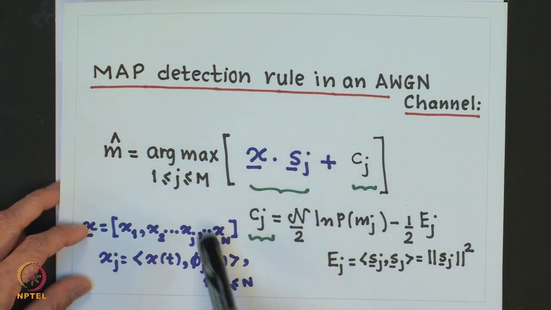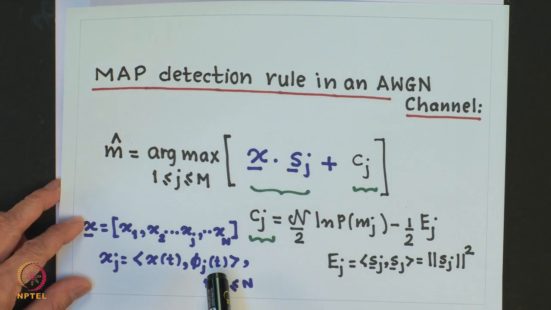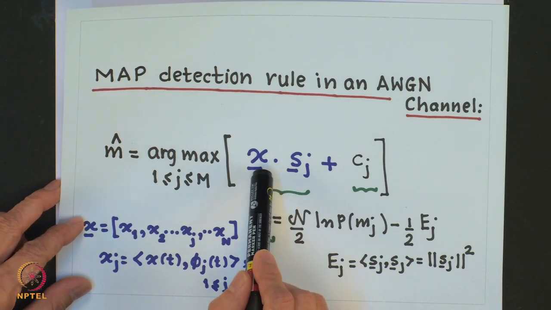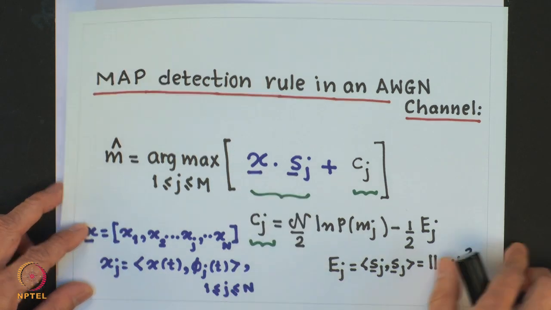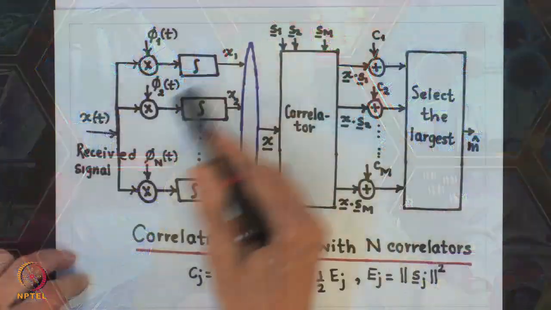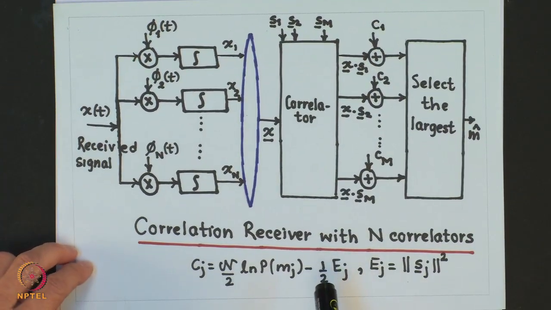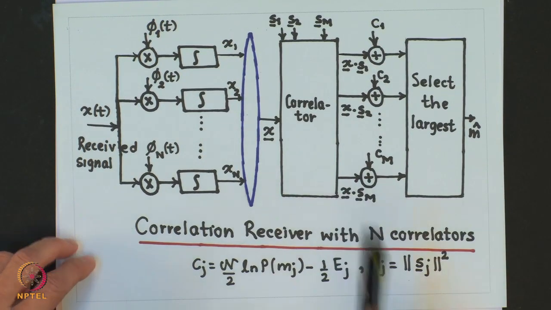Now to implement this, we will first have to get this vector x and then take the dot product with sj, and this can be implemented using the block schematic diagram receiver as shown in this figure.